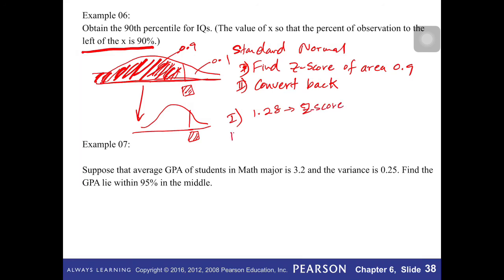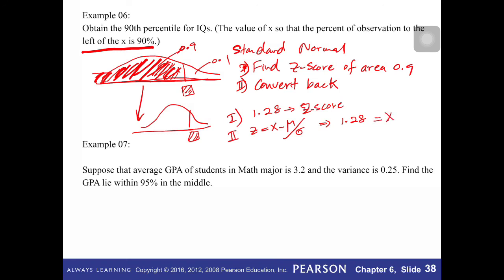Now what do you have to do? Convert back. Your equation is c equals x minus mu divided by sigma. Now you know your c score, 1.28, equals x minus mu divided by sigma, where x is what you need to find.